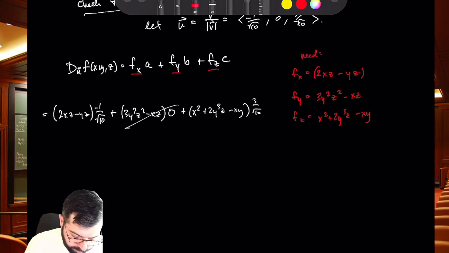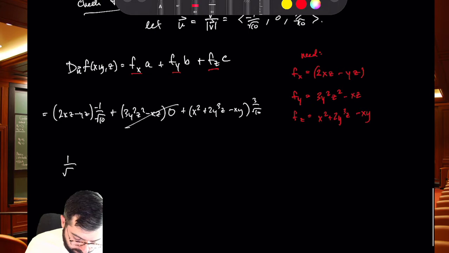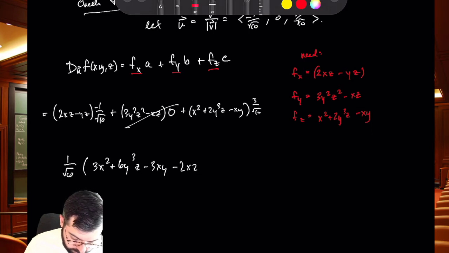So this middle term drops, and this is what we're left with. We could maybe just pull out that 1 over radical 10, keep things nice. Minus 2xz plus yz. Something like this.